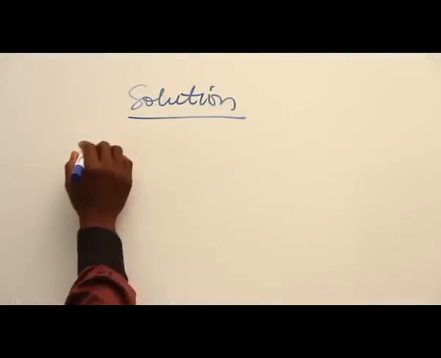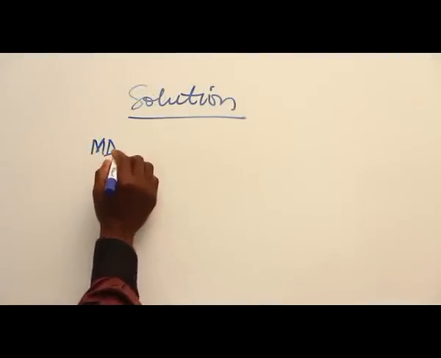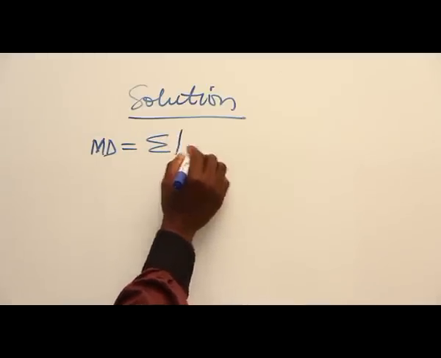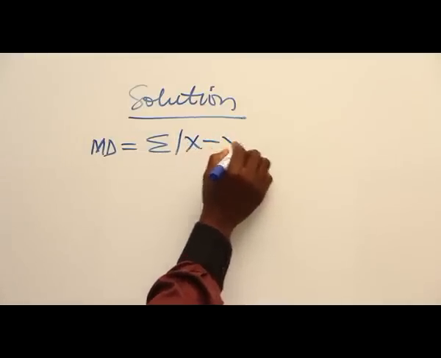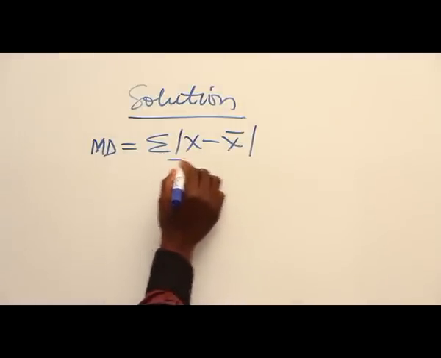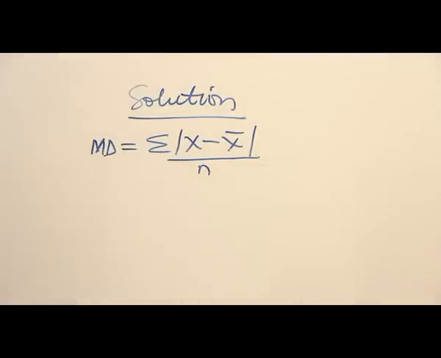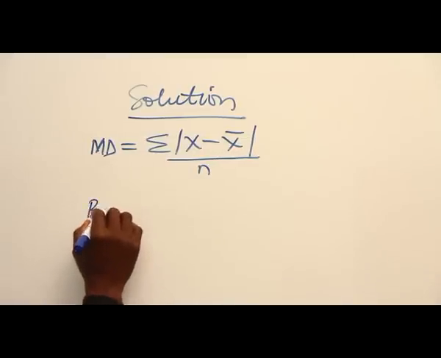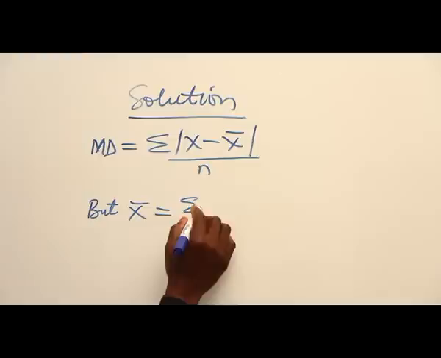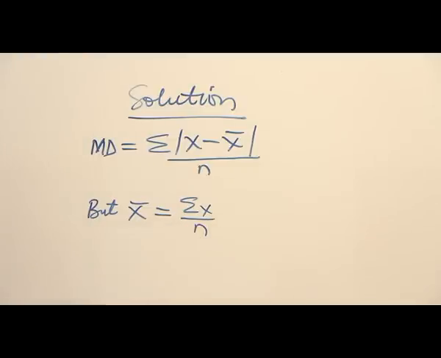Given MD, mean deviation equal sigma bordered x minus the mean of x all over n. But define the mean of x equal sigma x over n.